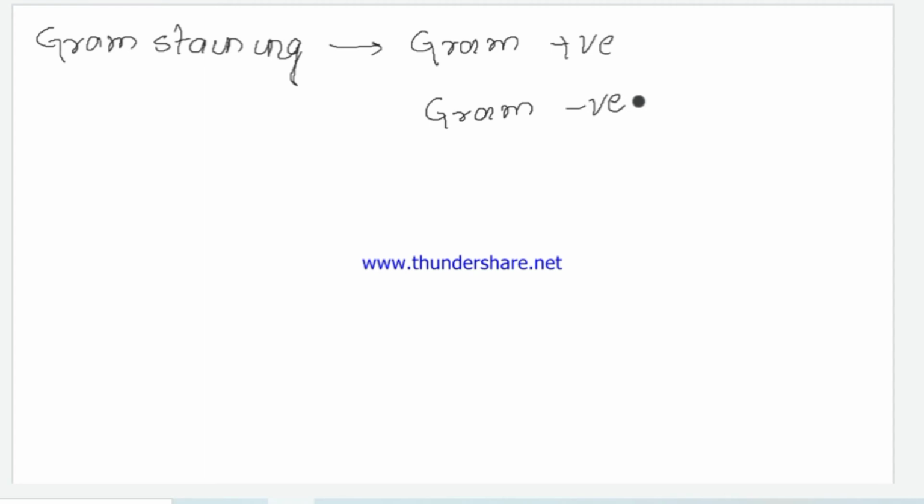Here the bacteria are actually stained with a primary stain like crystal violet and then washed with acetone alcohol mixture and then stained with a secondary stain like safranin. If the bacteria retain the crystal violet dye and appear violet or purple, they are called the gram-positive bacteria. And if they do not retain the crystal violet color after an acetone alcohol wash, they take the secondary stain, that is of safranin, and appear pink. They are known as the gram-negative bacteria.